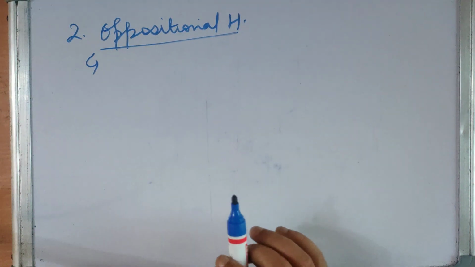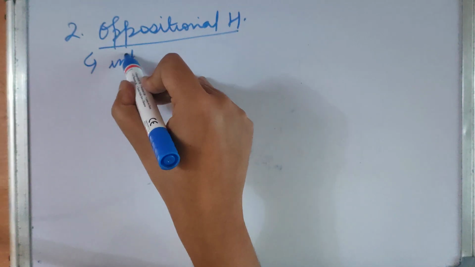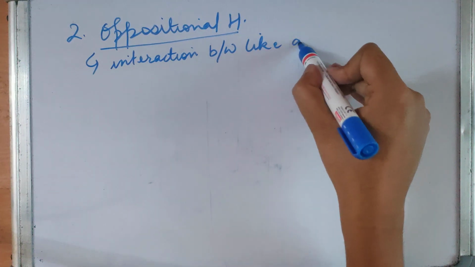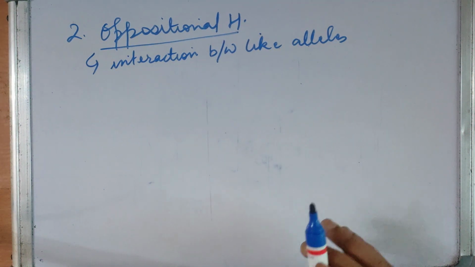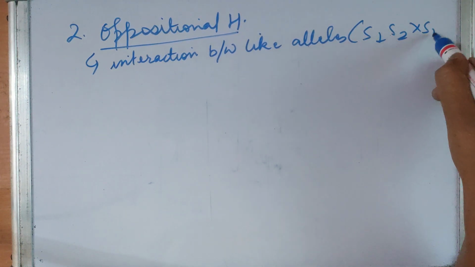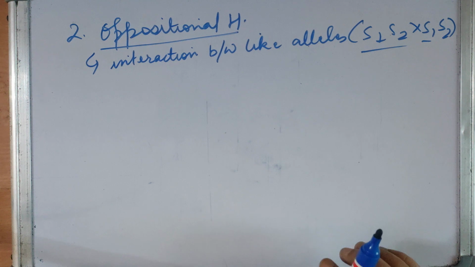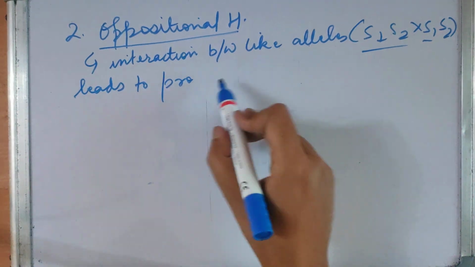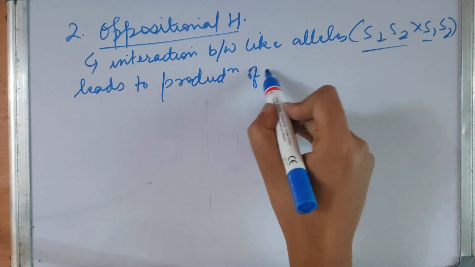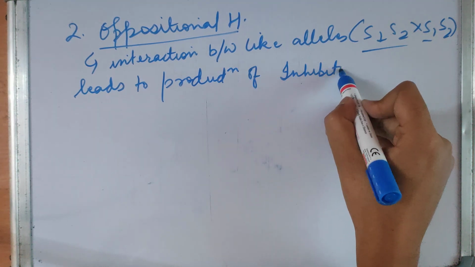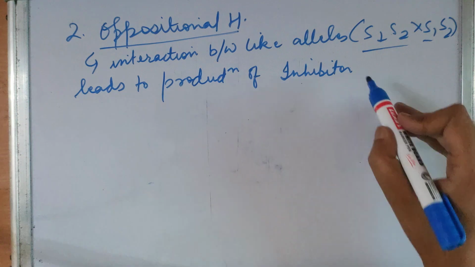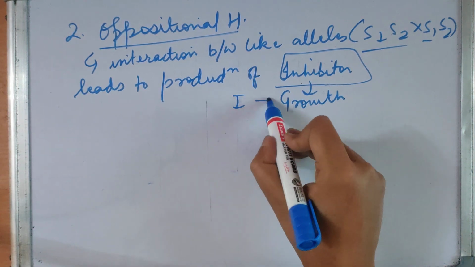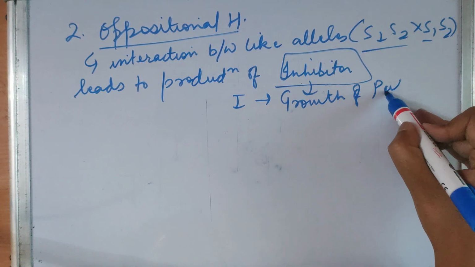This hypothesis states that interaction between like alleles, let it be S1 S2 into S1 S2, so they are both the same, leads to production of inhibitor, which inhibits the growth of pollen tube in the pistil.